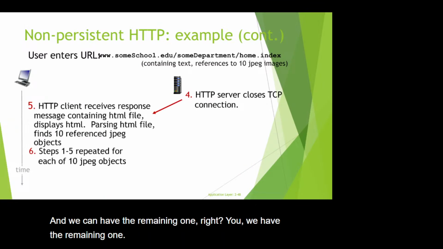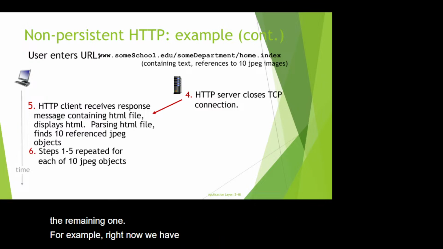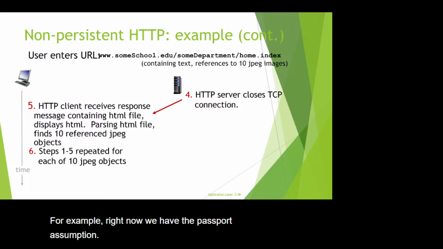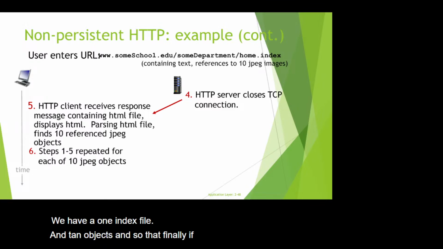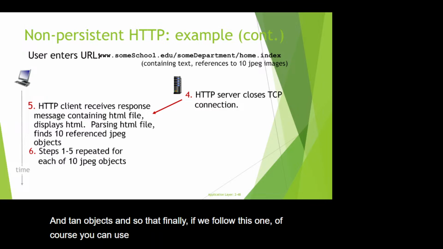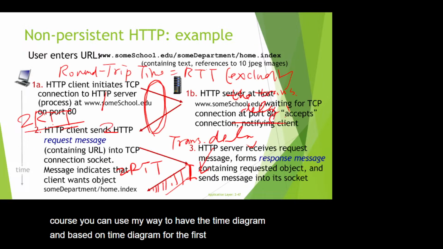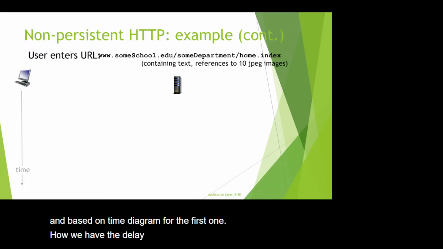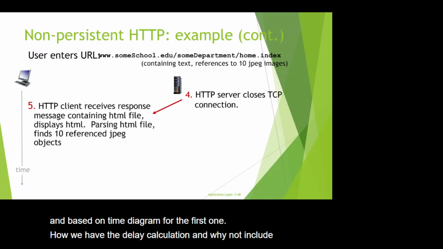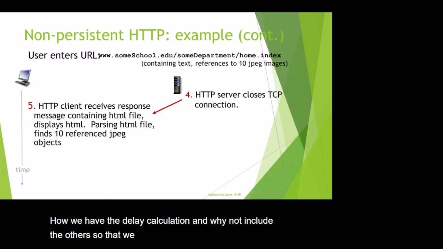For example, right now we have a possible assumption: 1 index file and 10 objects. If we follow this, of course, you can use my way to draw the time diagram, and based on the time diagram for the first one, see how we calculate the delay, and then include the others, so we have this result.